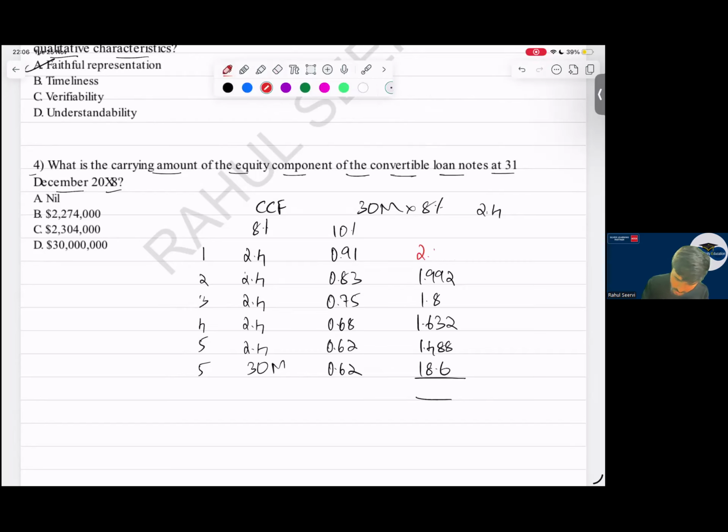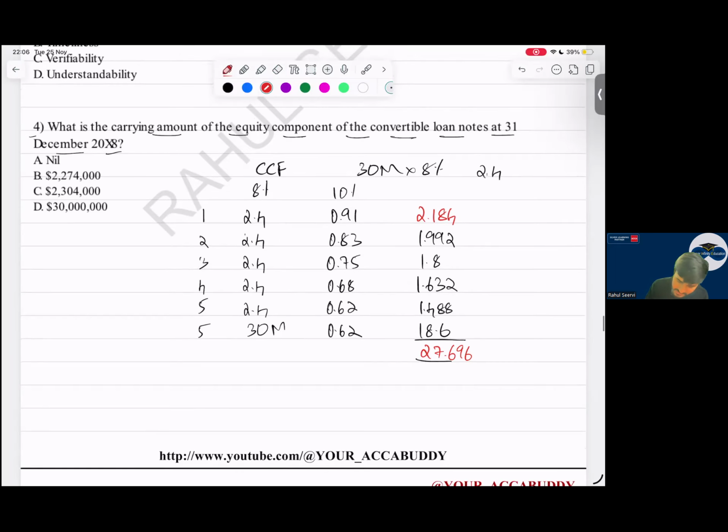It should be 2.184. That is the reason I'm getting more when doing the total. So I'm getting 27.696. This is your financial liability. Understand that. How will we get the equity component?